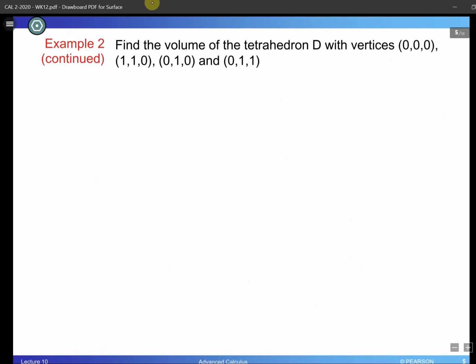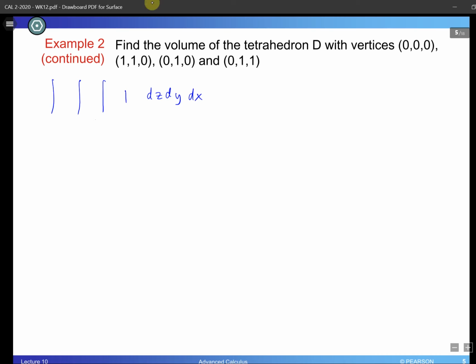So let's start with the triple integral, up here, and we are going to perform the integration with the function equal to 1. As you know, we have determined the order of integration to be dz first, dy next, and then dx for the last.